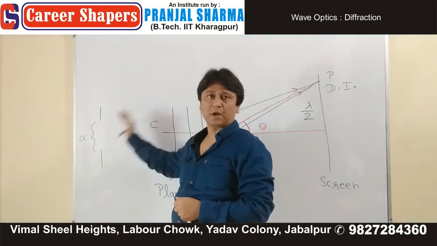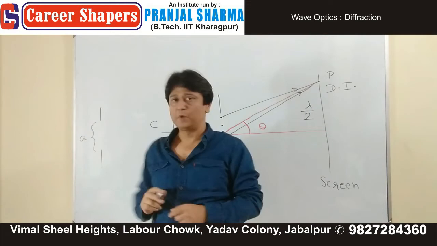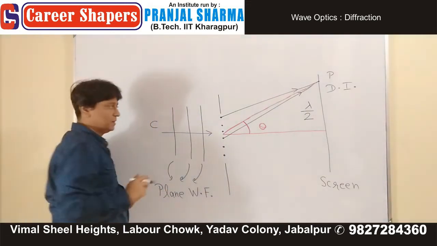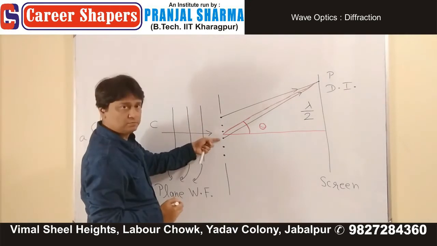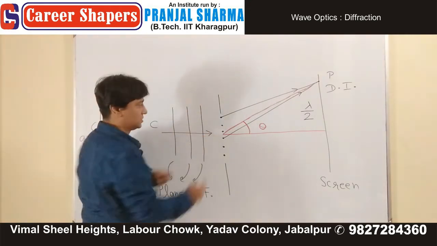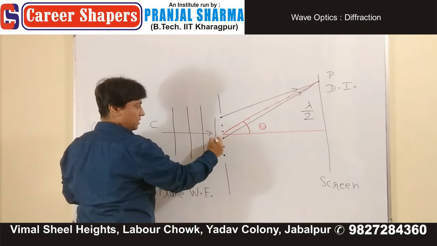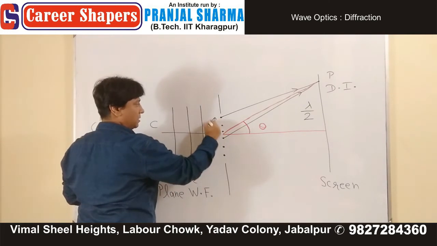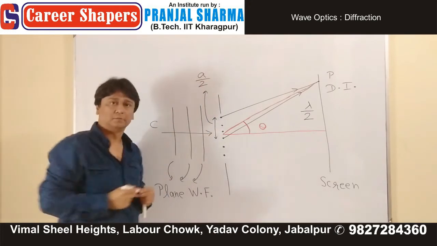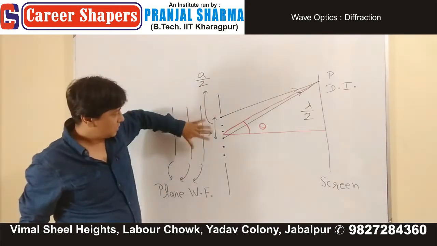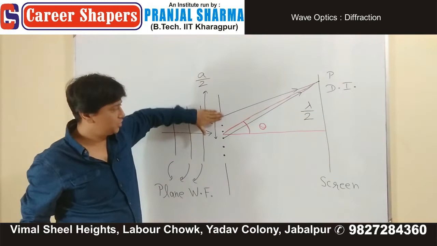If this opening is A, then the distance between any two, the first and the first, will be A by 2. There are two partitions.